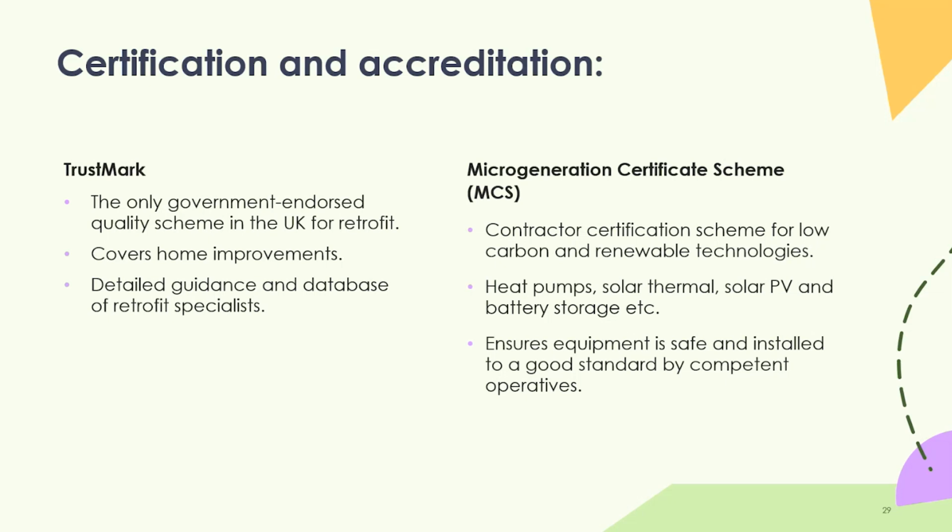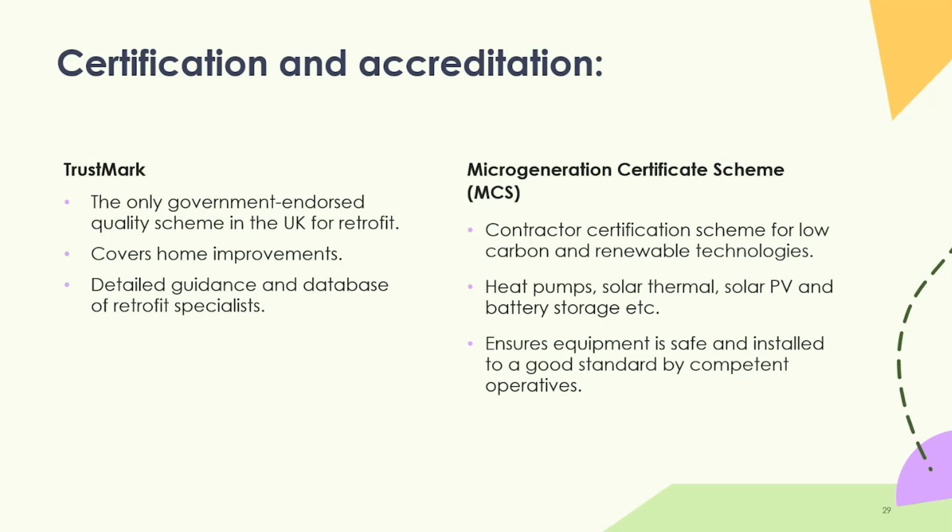There's also MCS, which you'll see mentioned, the Microgeneration Certification Scheme. This is like PAS 2030, but for air source heat pumps and solar PV, basically. It is a contractor certification scheme for low carbon and renewable heating and other renewable technologies. So heat pumps, solar thermal, PV, and batteries, which more and more people are becoming interested in, because under SAP 10 you can model with batteries.